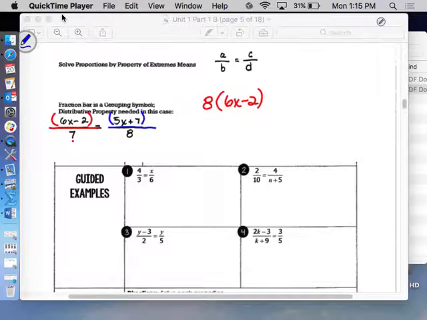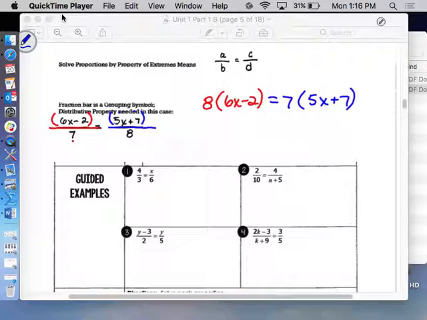So when I do the cross multiplication, I have 7 multiplied by the expression 5x plus 7 in parentheses, since the 5x and the 7 represented the numerator of the original fraction. I need to make sure you understand that the fraction bar is a grouping symbol and that these expressions remain glued together until you get to the point where you can untangle them.